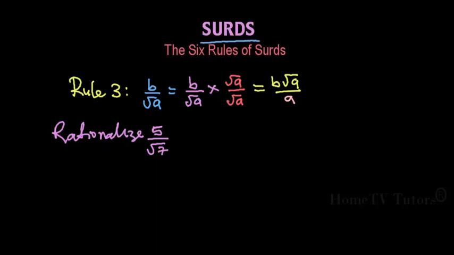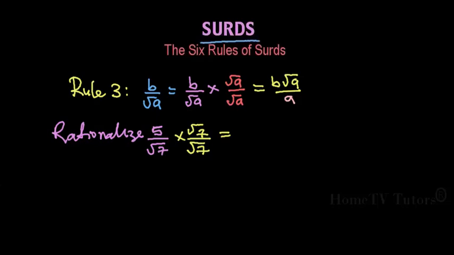What do we do with this? We multiply, you can see in the rule, the numerator by the denominator, and also, pardon, this is supposed to be 7, which is square root 7. We also multiply the denominator by square root 7.